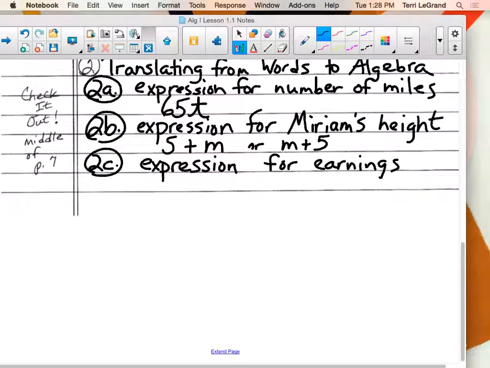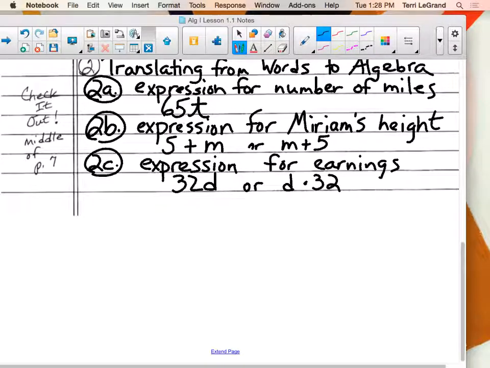What are we going to write? 32D. She makes 32 per day times the number of days. So 32D, multiplication. If we want to write that with the D first, I saw some people who thought you could do D32. No, that's in the science fiction world that we talk about things like D32s. If we want to write it with D first, we have to write it like this.